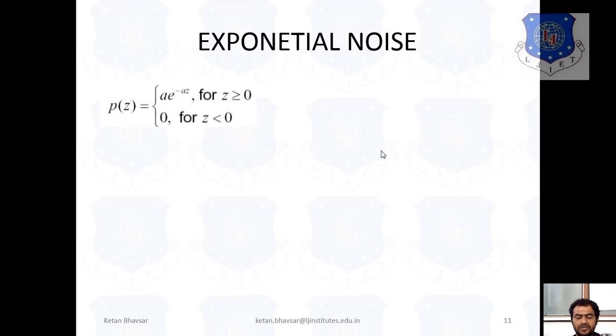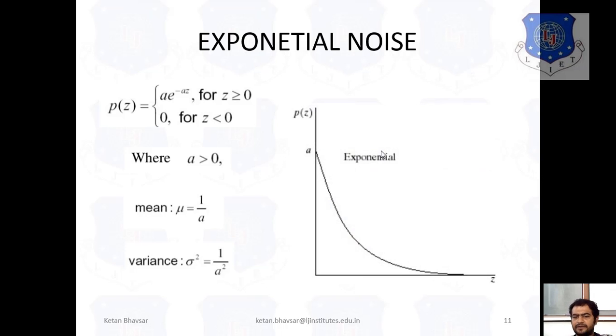Similarly for the exponential noise, P of Z is equal to a times e raised to minus a z, for z greater than or equal to 0, and 0 for z less than 0, where a is greater than 0. The mean value mu is equal to 1 divided by a, and the variance is 1 divided by a squared.